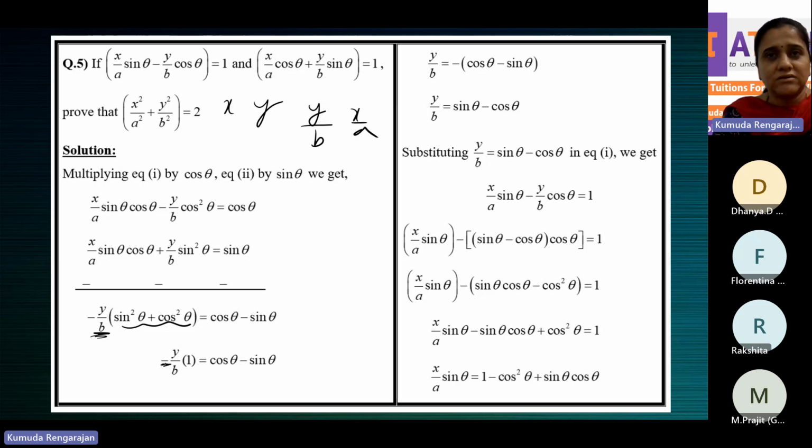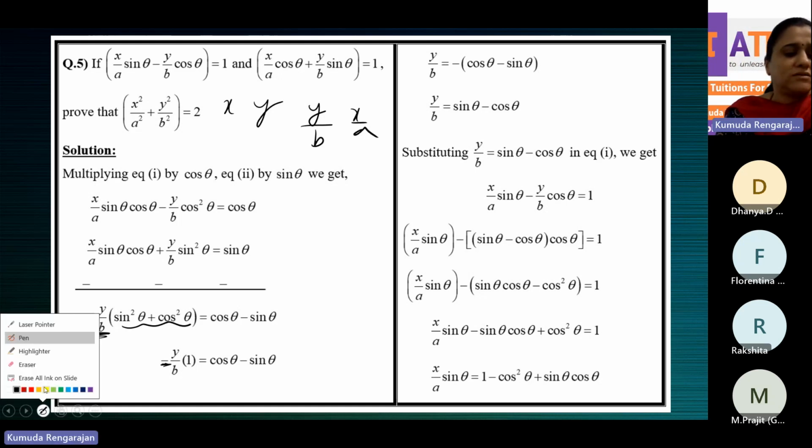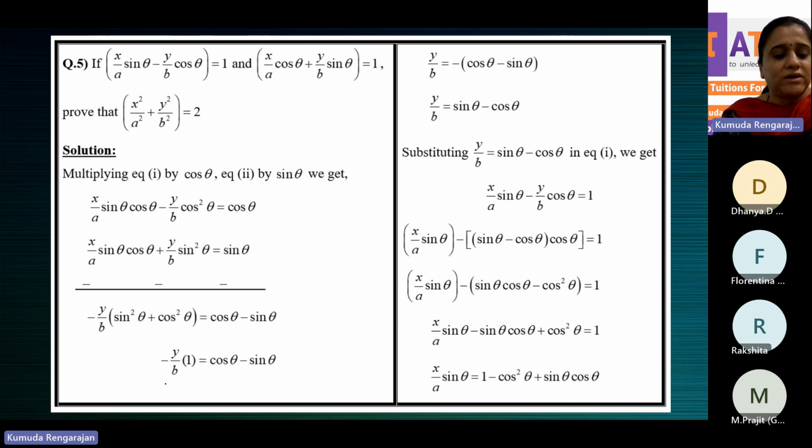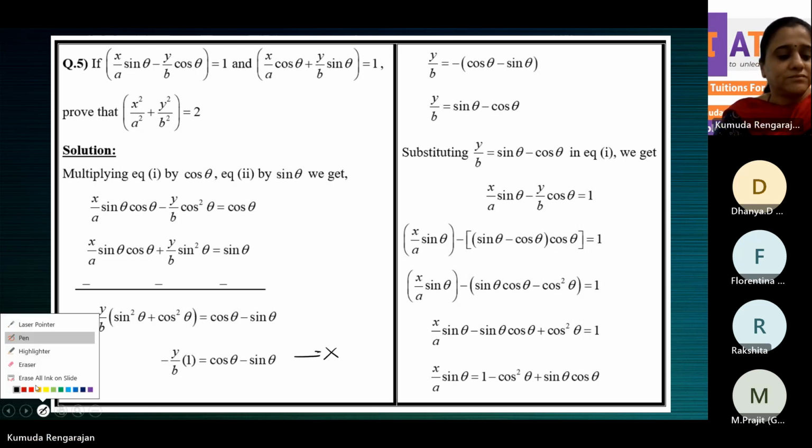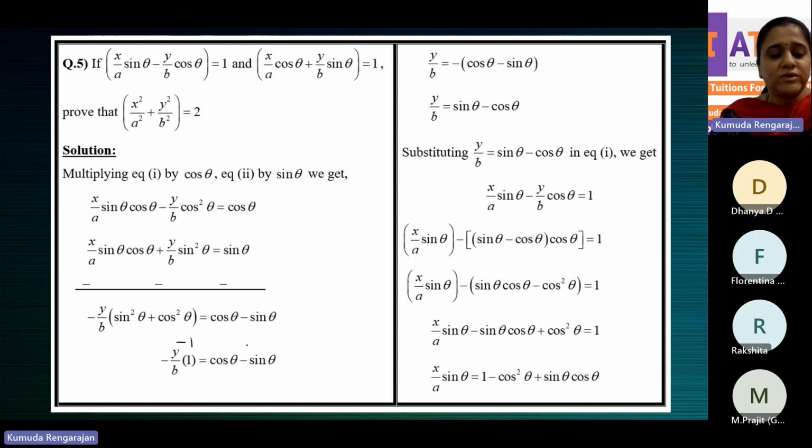But that's minus here. The next step is multiplying both the sides by minus 1. This one by minus 1, this one also by minus 1. So what will happen? Minus into minus is plus y by b.